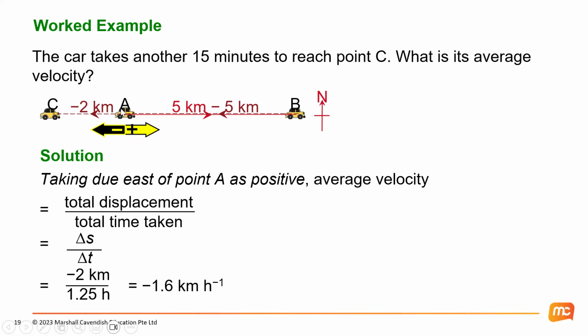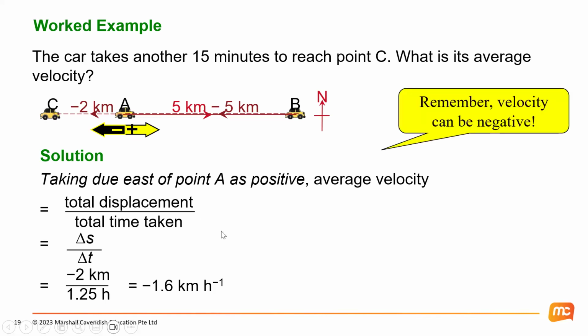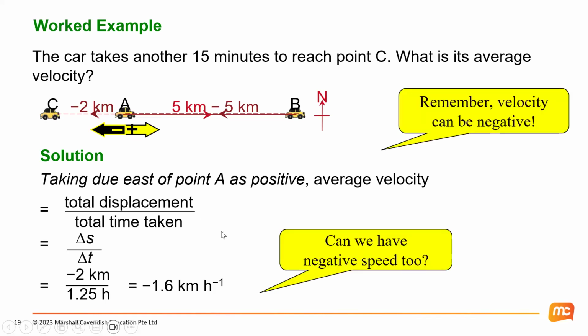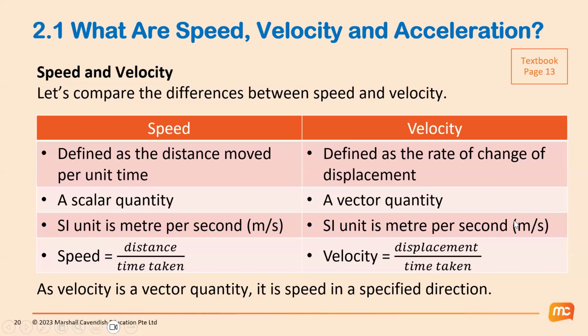My final one is my car is moving in the opposite direction at this particular instant. Okay, so just take note, velocity can be negative because it's a vector, but speed cannot be negative because speed is a scalar.